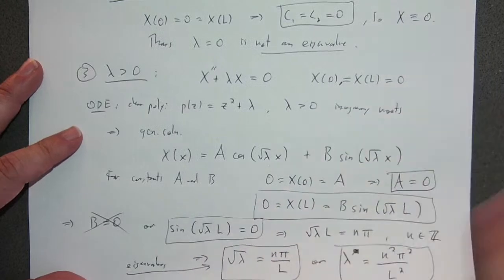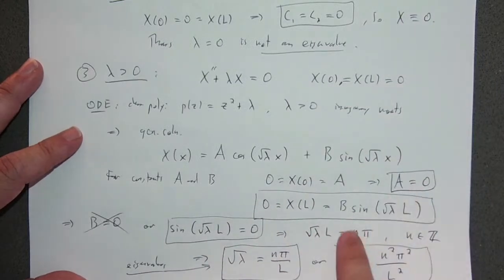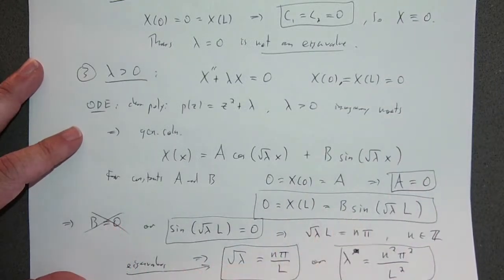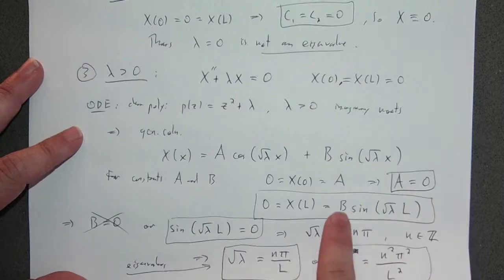What are the corresponding eigenfunctions? Well, A is 0, B is some constant, right? I can choose that constant to be 1 if I like, because modifying an eigenfunction by multiplication via a constant is not going to do anything. It still remains an eigenfunction, so I might as well choose this to be 1.